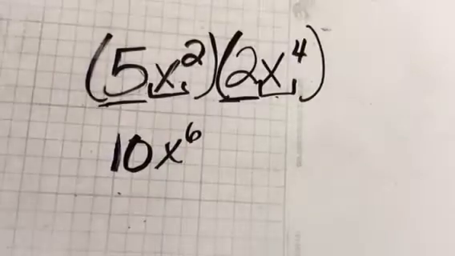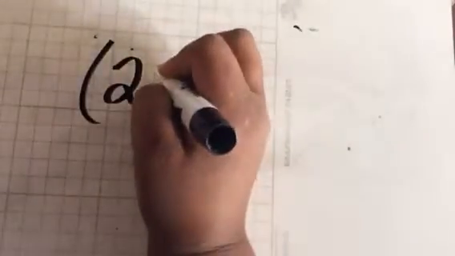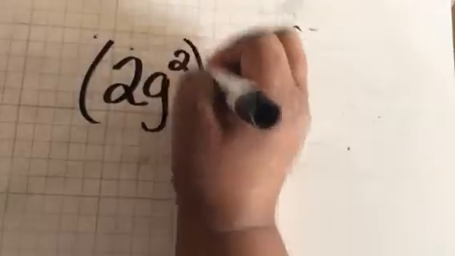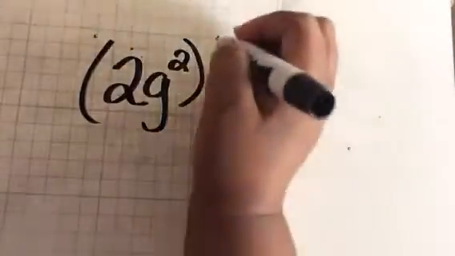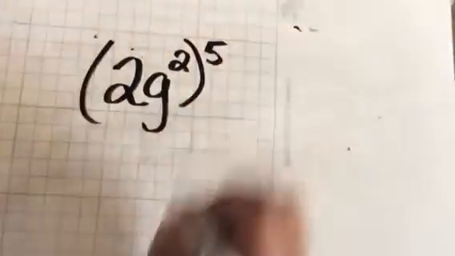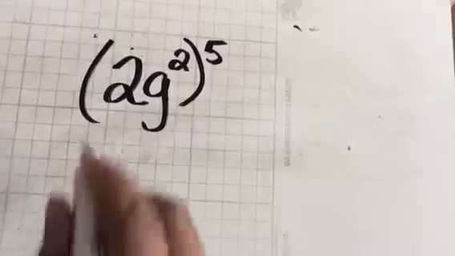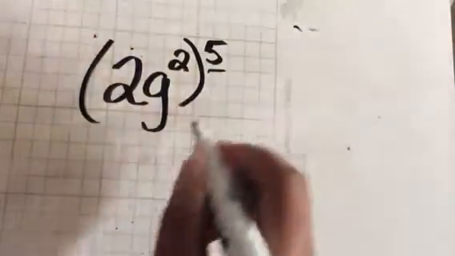Let's say we have a problem that looks like this. Inside parentheses we have 2g to the 2nd power, and outside the parentheses we have a 5. But your 5 is an exponent. So that means that we're going to raise everything to the 5th power.